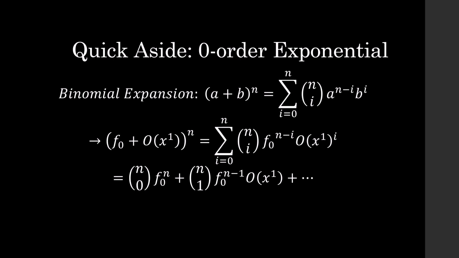However, we recognize that only the first term has no order x, so it alone is its own constant value. It alone has all of the order x to the 0 terms, and then we're going to have another continuing polynomial of at least order x.